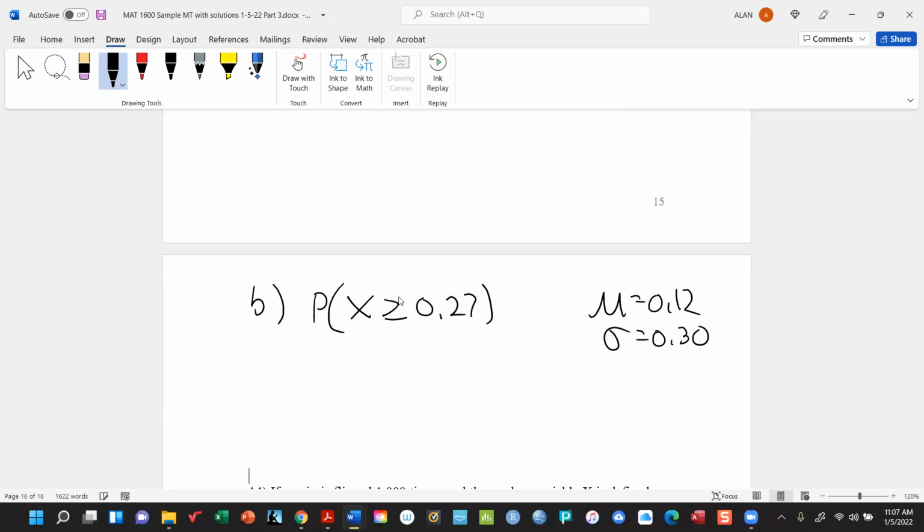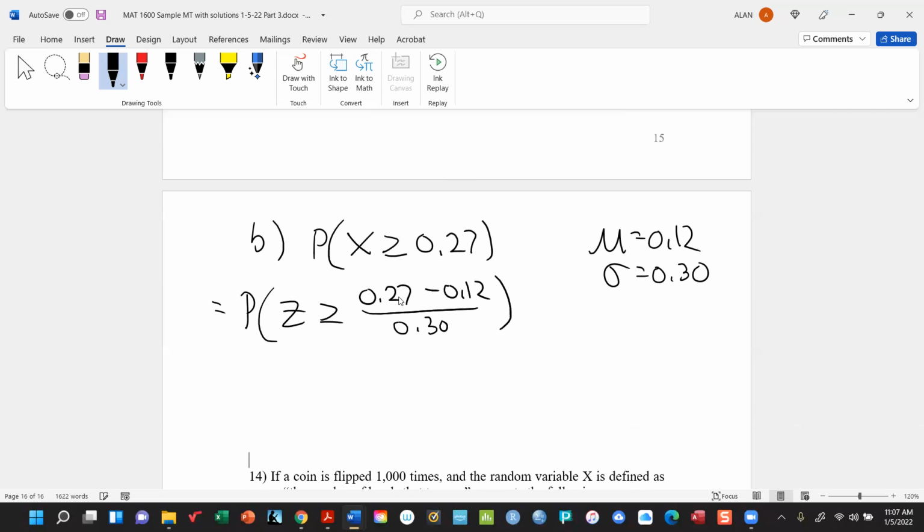All right, so of course, we will subtract, so when you subtract, this actually turns out to be, okay, z greater than or equal to 0.5.